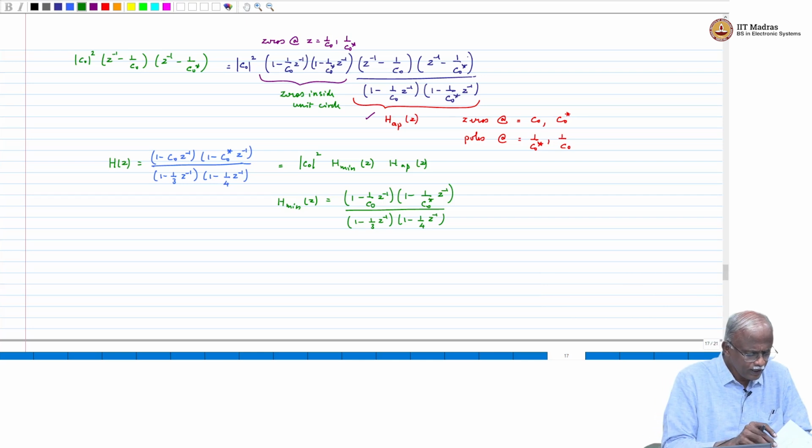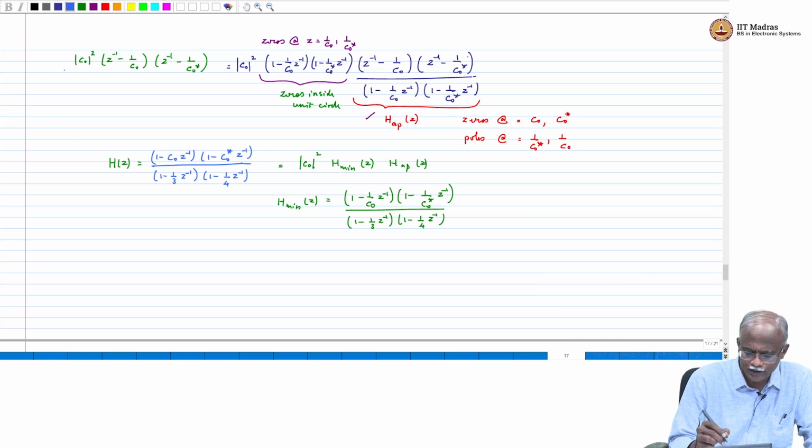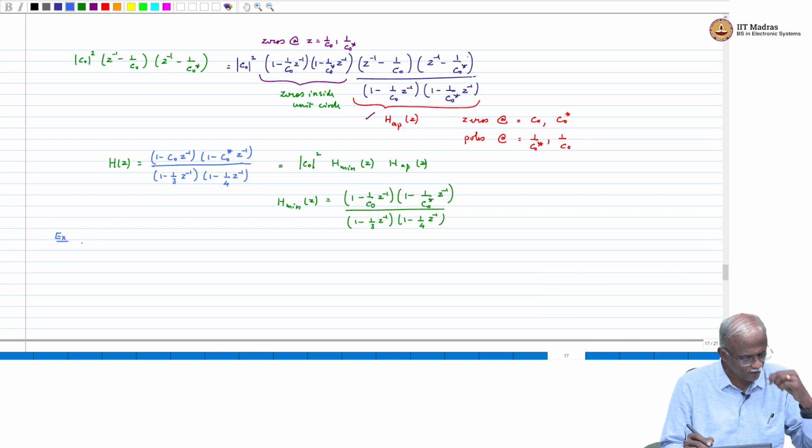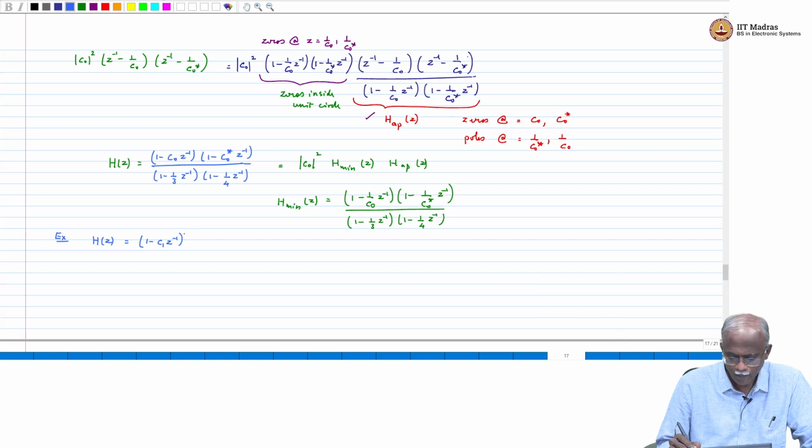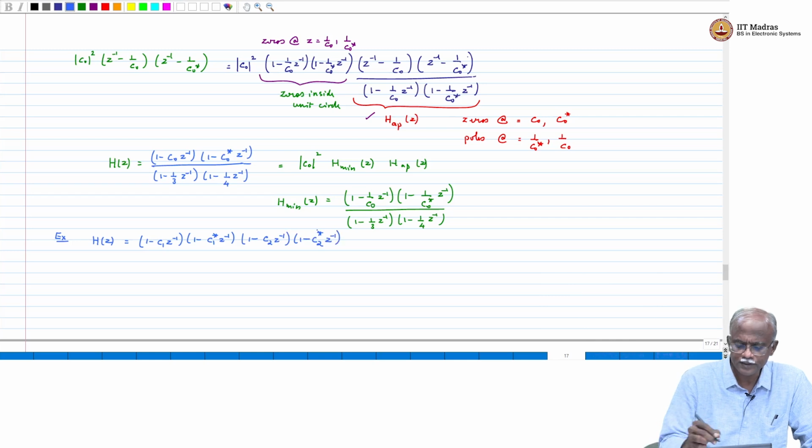Okay. Now let me leave you with an exercise. It's very similar, so I suppose it's not necessary for us to do it, but this is something that I would like you to do. H of z is a transfer function which has got 4 zeros: 1 minus C1 z inverse, 1 minus C1 conjugate z inverse, 1 minus C2 z inverse, 1 minus C2 conjugate z inverse.